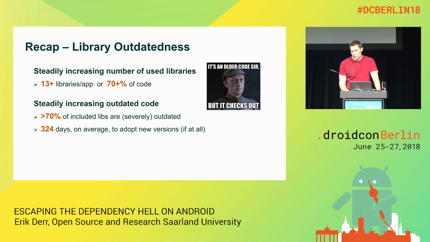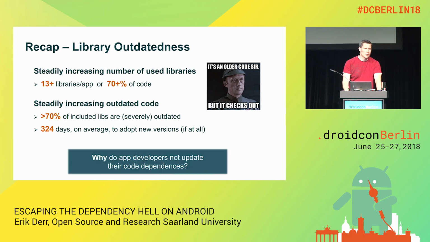With the increasing number of used libraries, we also have a steadily increasing number of outdated code. In our study, we found that over 70% of the libraries are severely outdated, so not just by a version or two, rather a year or two. And if the versions were updated at all, it took almost 1 year for the app developer to do so.